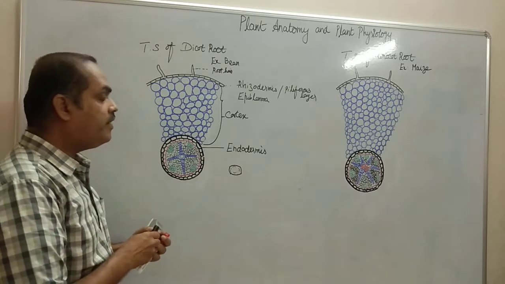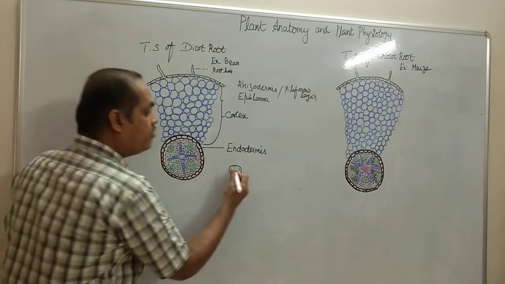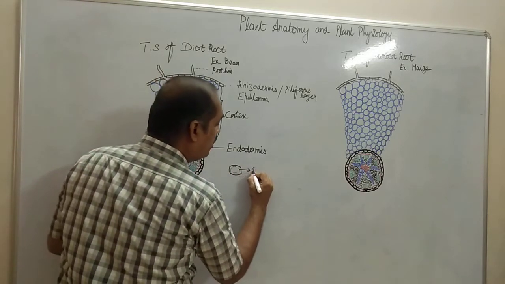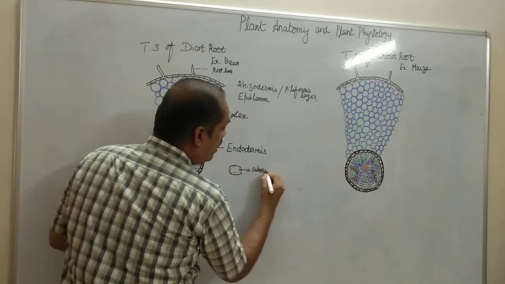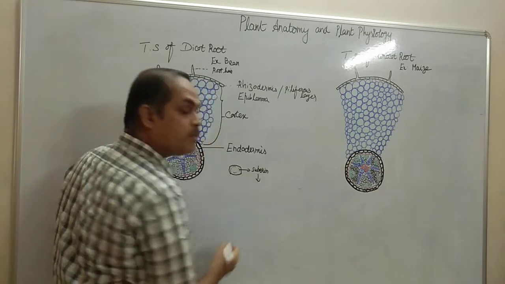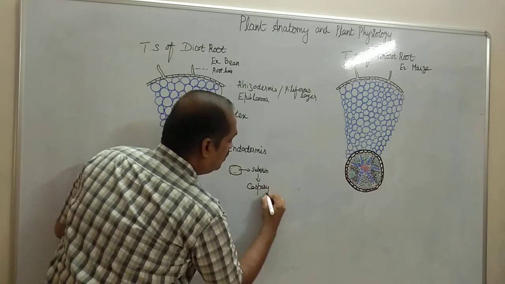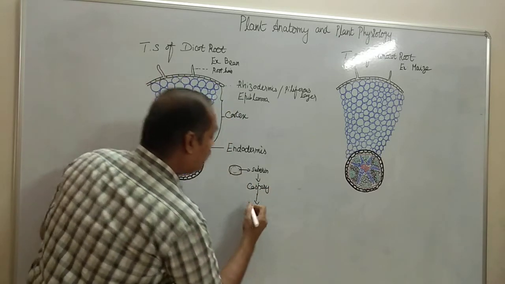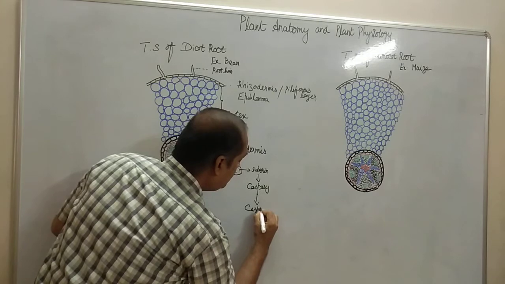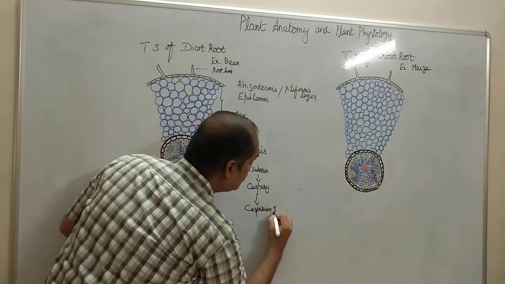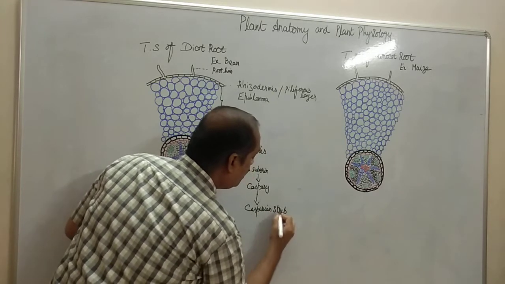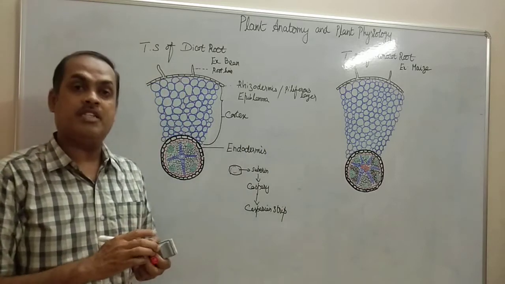Now this was first noticed by a scientist, Caspary. So these layers are otherwise called as Casparian strip.